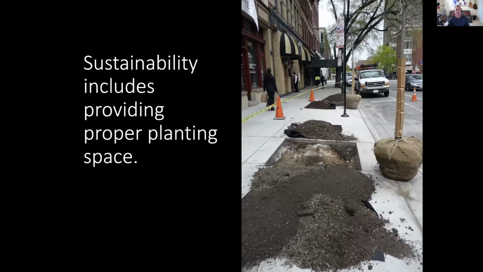And when it comes to sustainability, proper planting space, especially in relationship to soil volume, plays a major role in that tree's sustainability. This was a planting project that my urban forestry students at Purdue participated in Chicago. And this is not unusual to see. This is actually quite normal to see this 4x4 allotment of planting space for a tree.